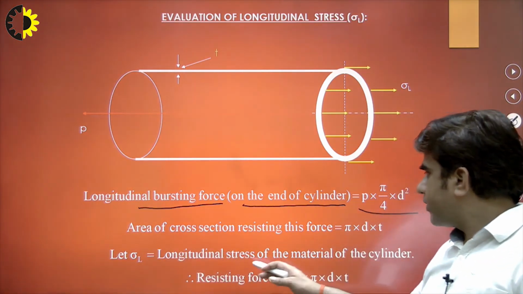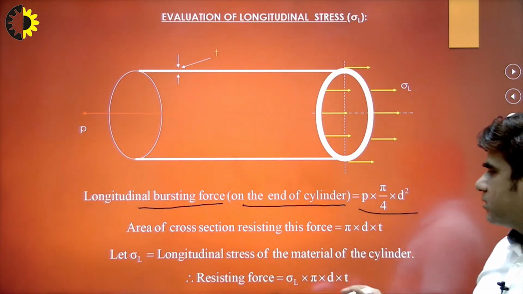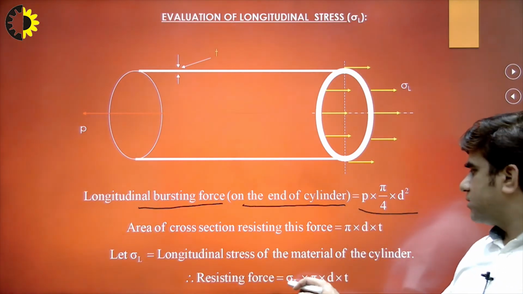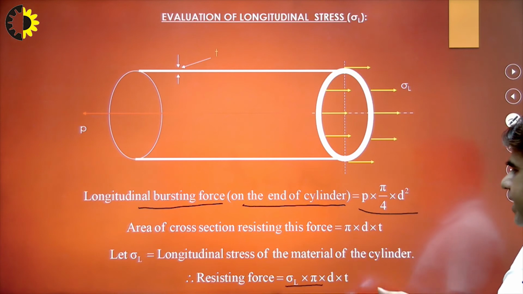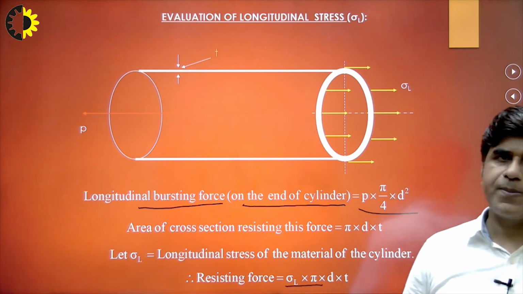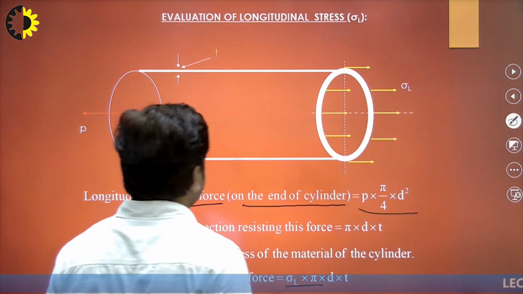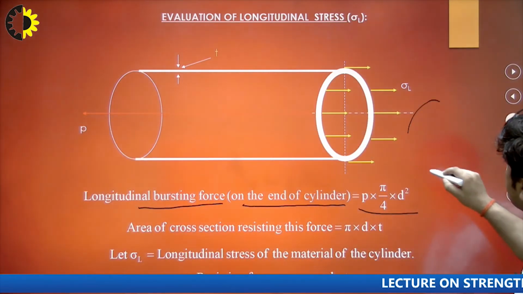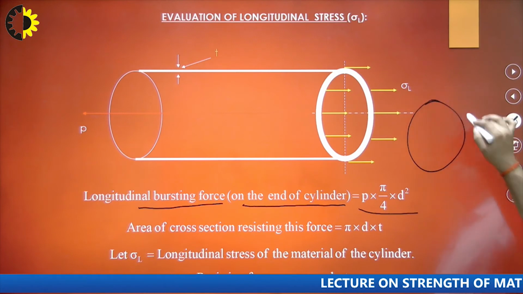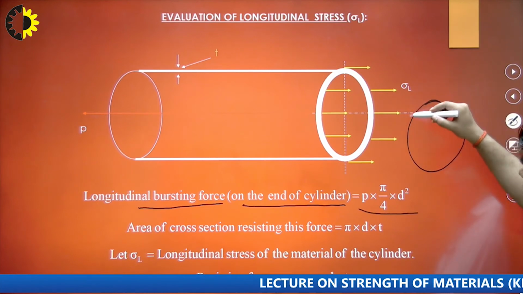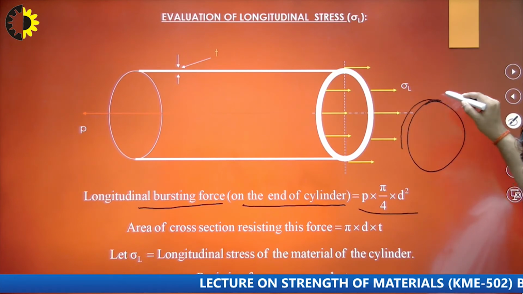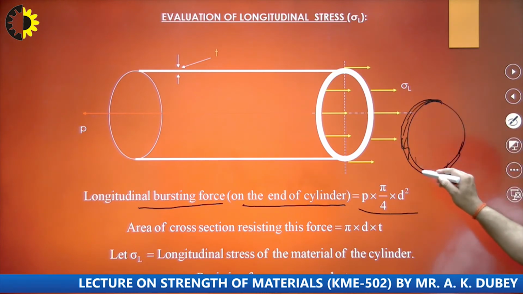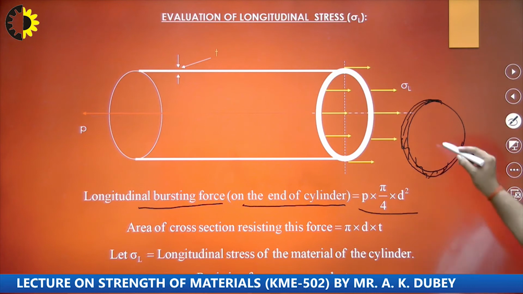Let sigma L be the longitudinal stress on the material of the cylinder, then what is the resisting force? This is the resisting force: sigma L into pi into d into t. This is the circle. If the thickness of this is t, then what is the area?